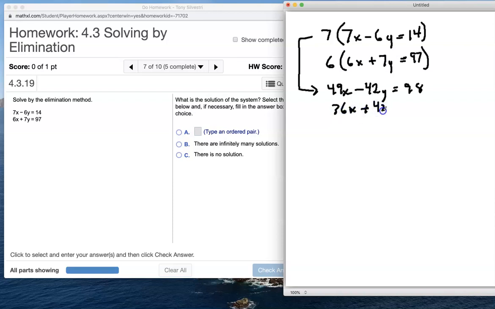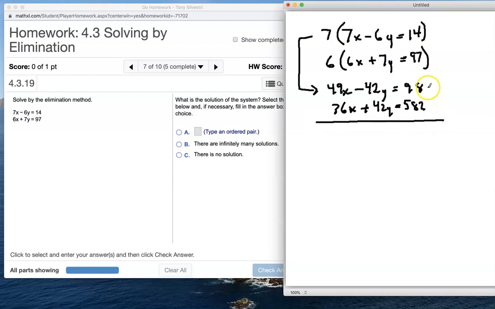That's nice. That's good because we know that's going to go away. And then we have 6 times 97, which requires me to have a calculator. I have my calculator in my hand. I'm going to type in 97 times 6, and I get 582.